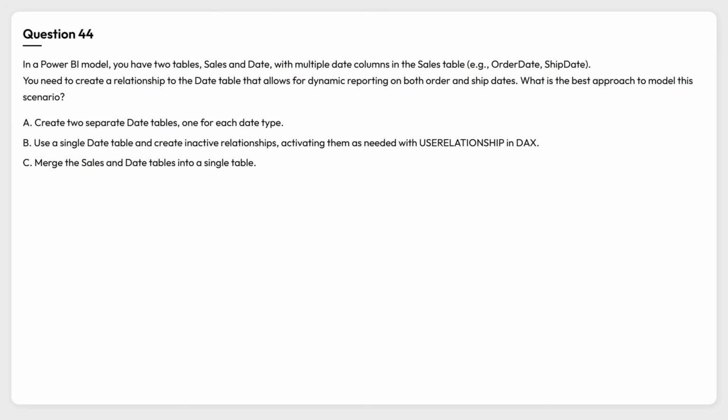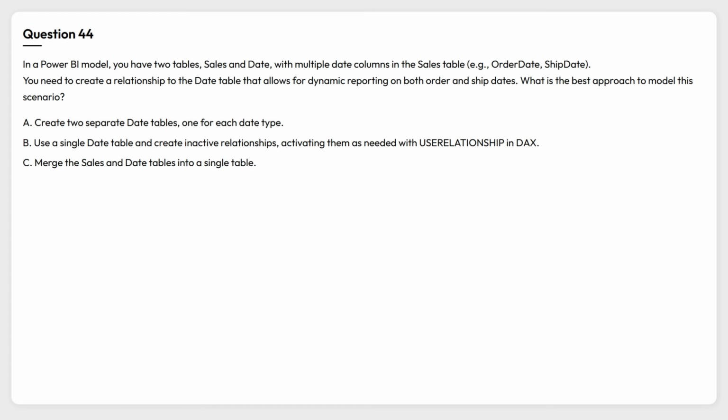Question number 44. In a Power BI model, you have two tables, Sales and Date, with multiple date columns in the Sales table, for example order date and ship date. You need to create a relationship to the Date table that allows for dynamic reporting on both order and ship dates. What is the best approach to model this scenario? Option A. Create two separate date tables, one for each date type.